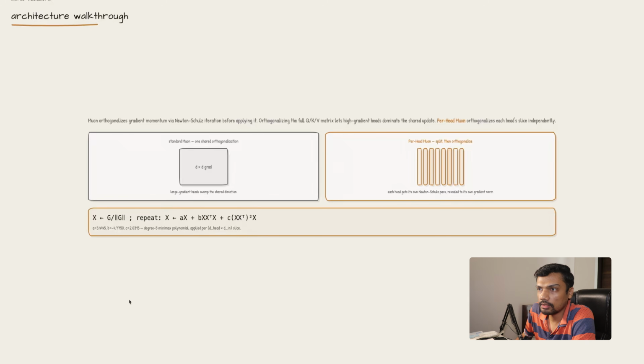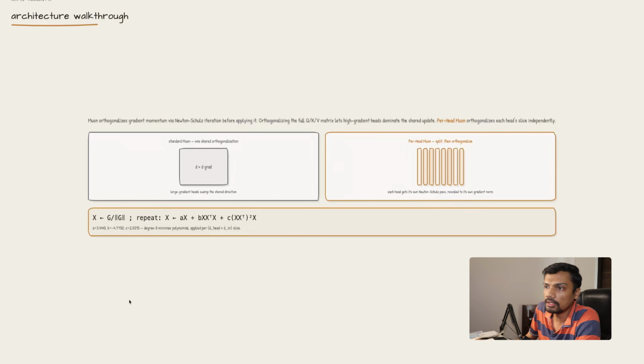To train this monster, Kimi K3 uses a novel optimizer variant, that is per head Muon. Standard Muon applies Newton-Schulz iteration to orthogonalize the gradient weight update, ensuring updates preserve matrix structure without exploding or shrinking weights.